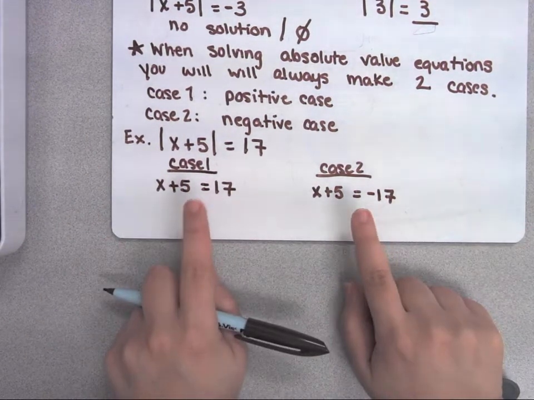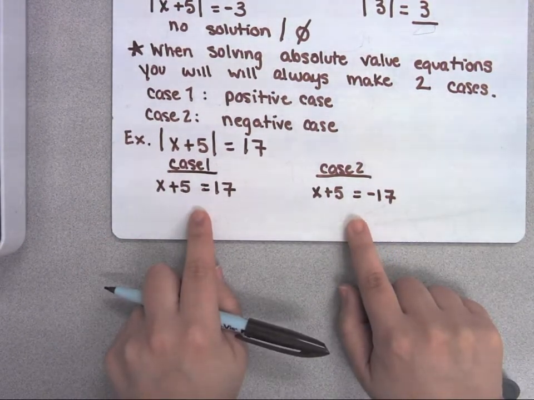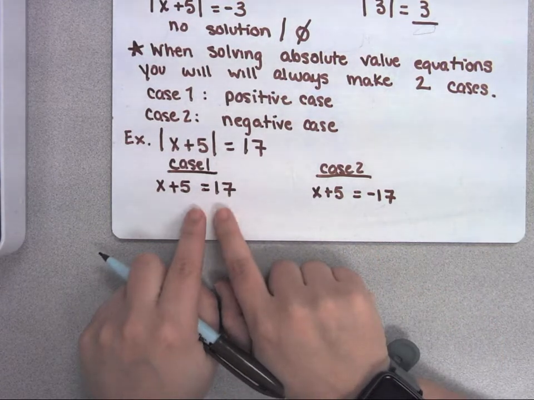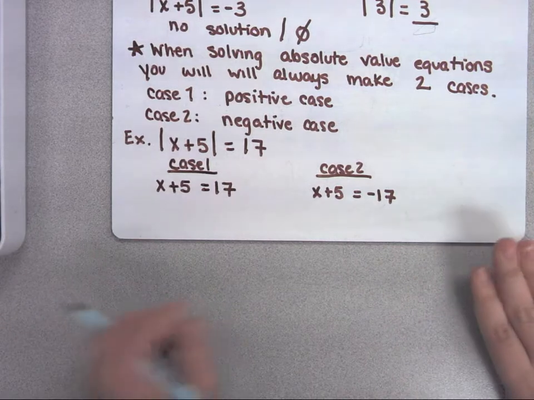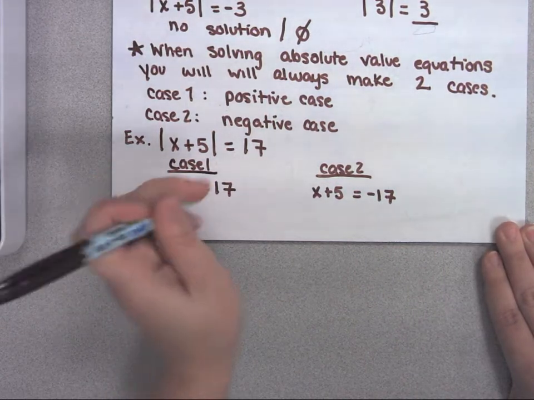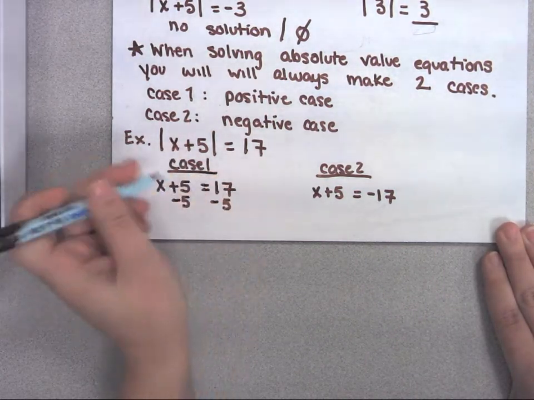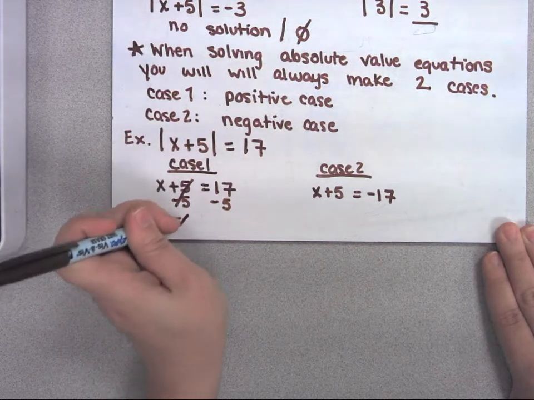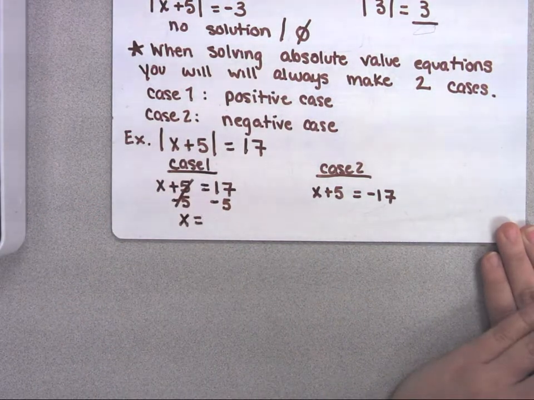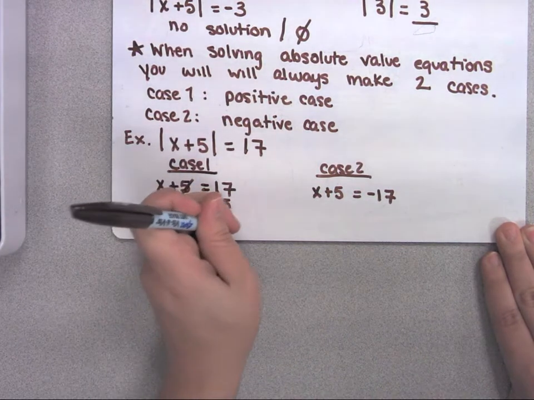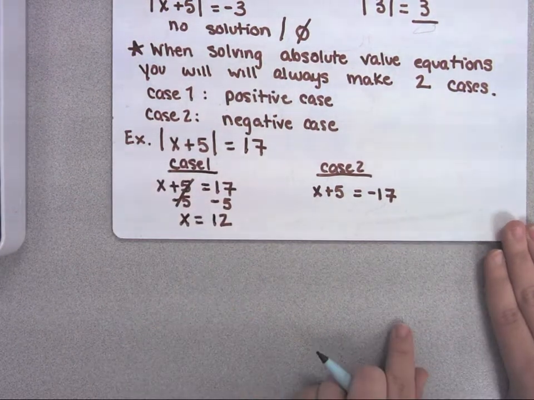Then we're just going to solve both of these equations. So if you want to start at case 1, it says x plus 5. How do I get rid of x plus 5? Yep, subtract 5 from both sides. Those 5 cancel out. You get x equals, what is 17 subtract 5? 12, okay? That's one of my answers.